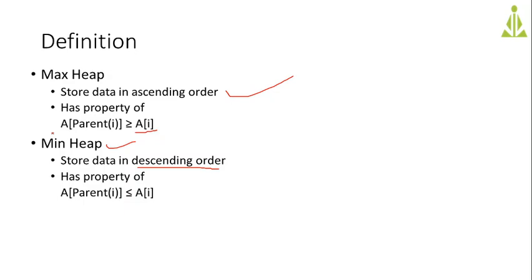So what is the max heap? Max heap data is in ascending order and min heap is stored in descending order.